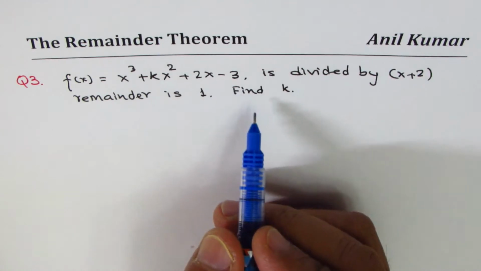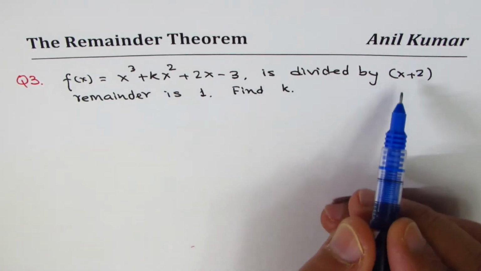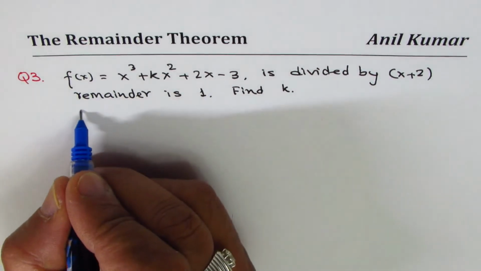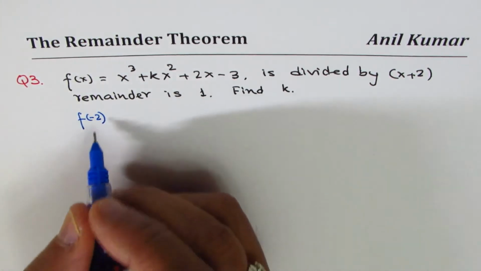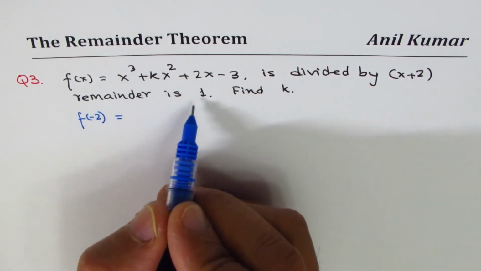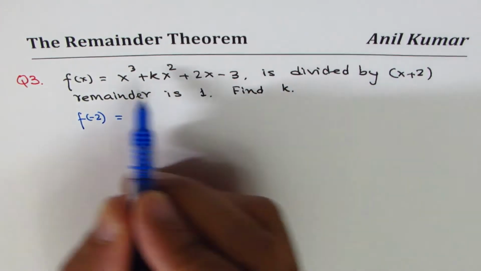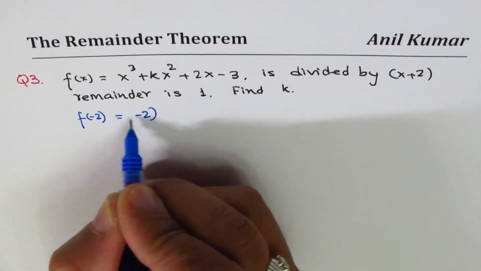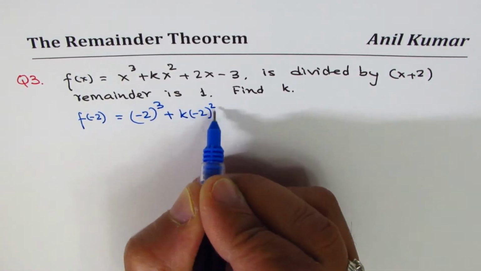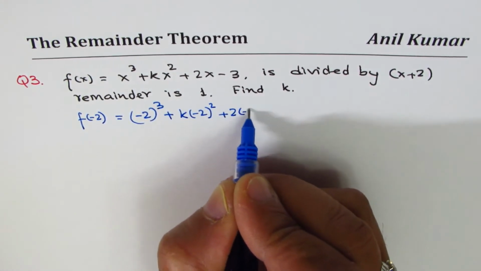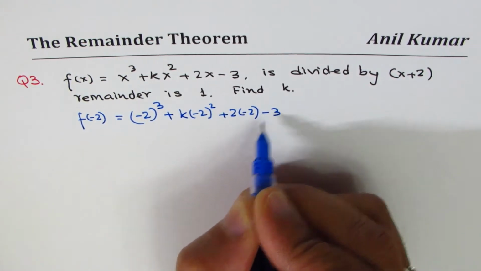Now applying remainder theorem, when you're dividing by x plus 2, then the value of the function at minus 2 should be equal to remainder, right? So we'll substitute minus 2 in the function, which is minus 2 cubed plus k times minus 2 square plus 2 times minus 2 minus 3.